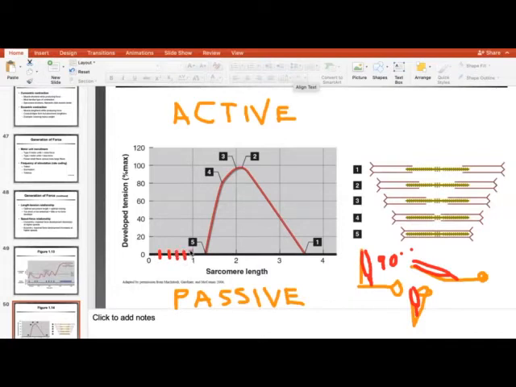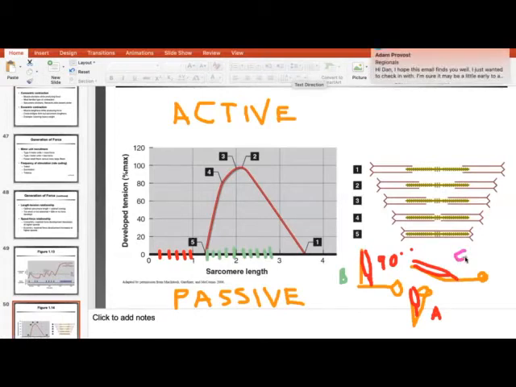This situation here, I'll mark with an A. Now B is this situation here, and that's when my muscle is at about 40 to 60% of its length. And we'll also go like this, C. So A, B, and C.